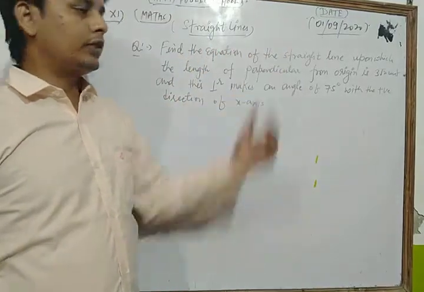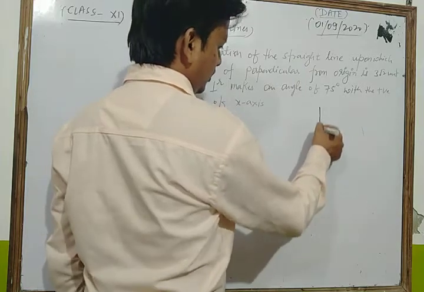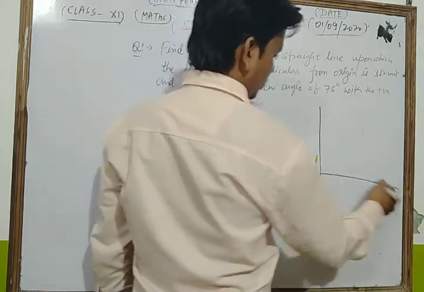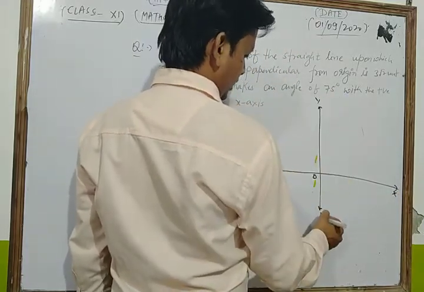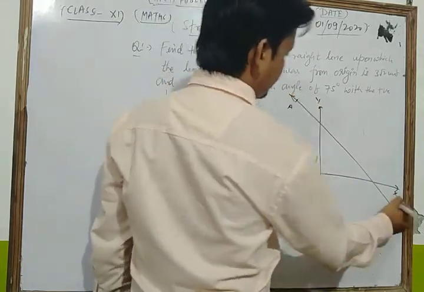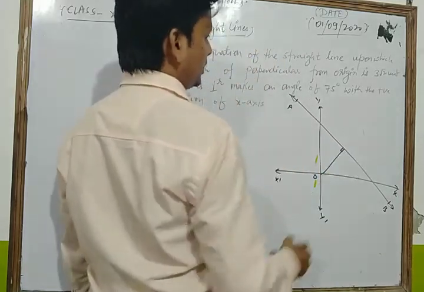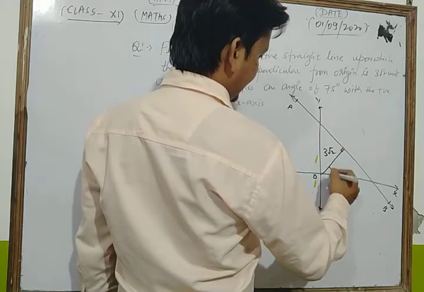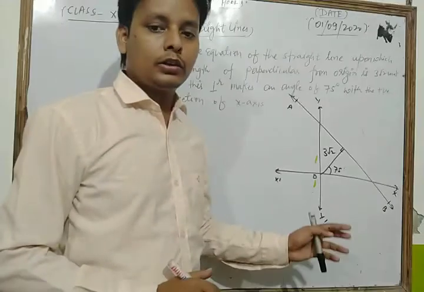Here we find the equation of a straight line. First we draw a diagram. Suppose this is the coordinate axes, X'OX and Y'OY, and a line AB passes through in this way, and the perpendicular distance of that line from the origin is given as 3 root 2, making an angle of 75 degrees with the positive direction of the x-axis.